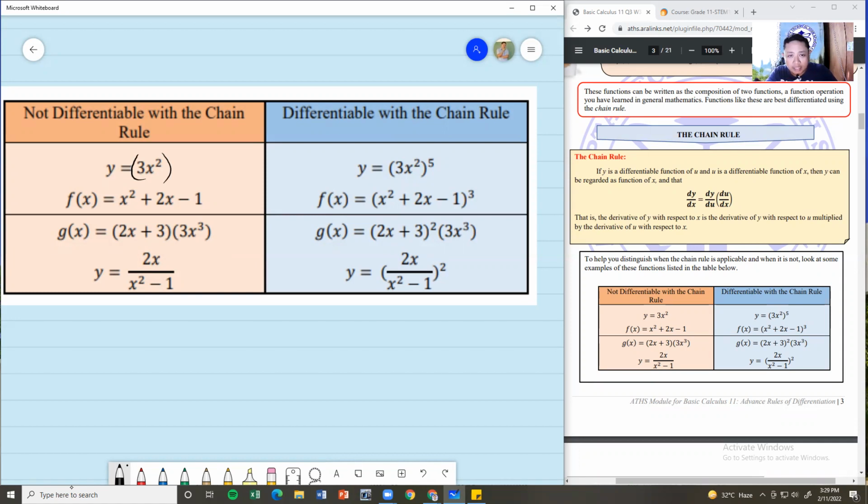In this case, 3x squared was raised to 5. Therefore, this will now be solved using chain rule. Okay? Next, what about this? This one, from a simple function, it is now raised to a cube. Therefore, this can now be solved using chain rule.